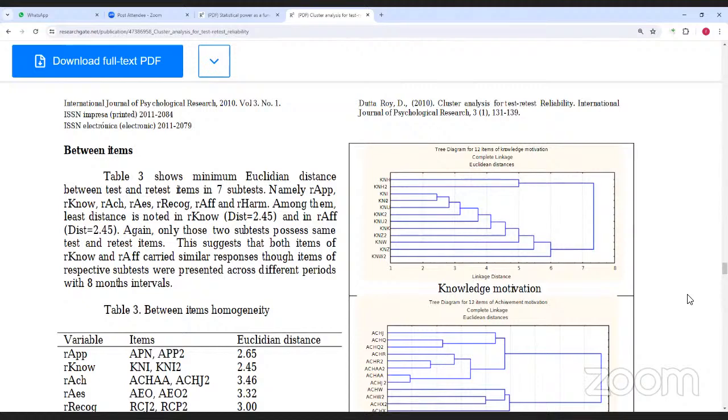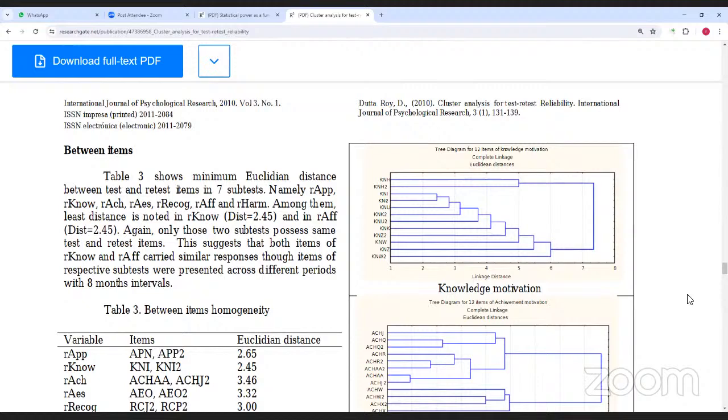to each other. Here again you will find table 3 on between-items homogeneity. APN and APP2 Euclidean distance is 2.65. Kn1 and Kn2 Euclidean distance is 2.45. That means they are very close to each other.